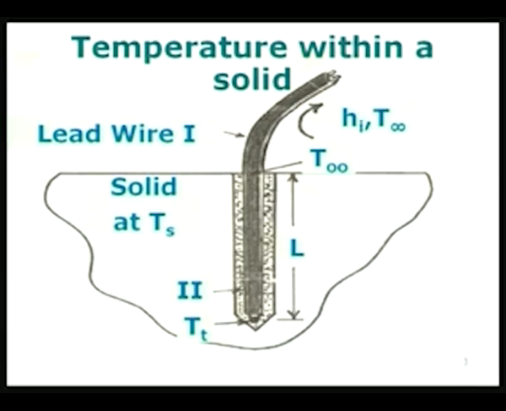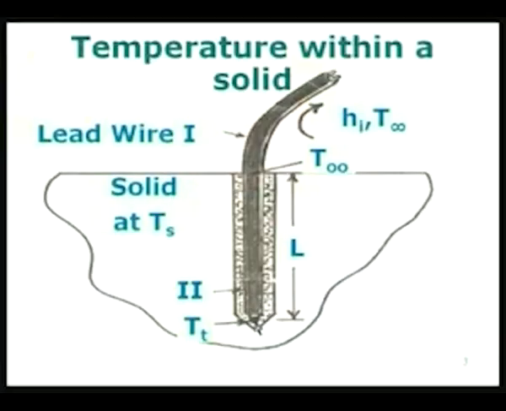So, whenever you have heat transfer taking place from a region of high temperature to low temperature, there will be gradients, and these gradients manifest as an error, because what I am going to measure is Tt, which is what is going to be indicated by the thermocouple voltage which I measure. Therefore, Ts minus Tt will be the error in the temperature in this particular installation.